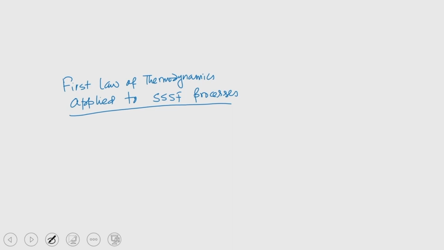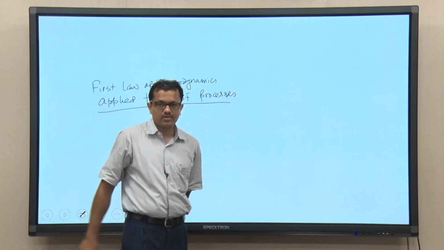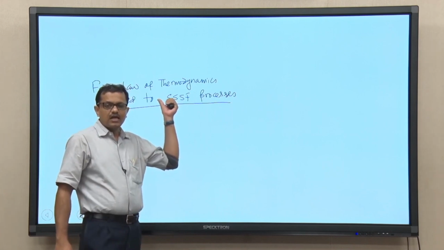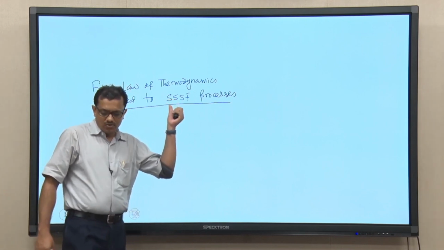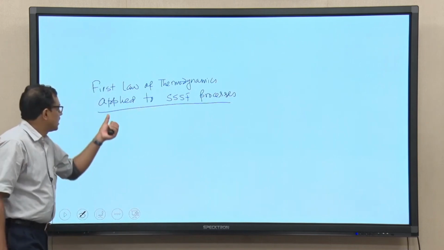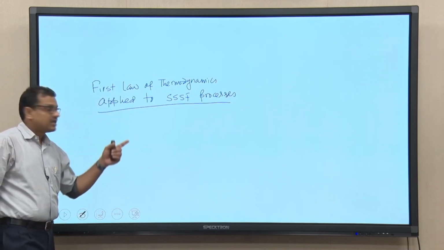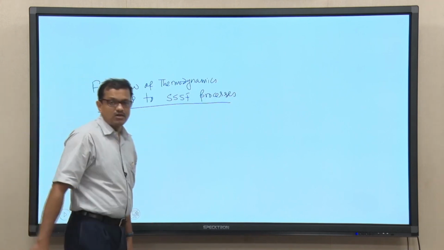So, now let me write here, we have derived this expression. So, this is a process across the control volume. The first law of thermodynamics, which is applied to a steady state steady flow process, okay, and this is applied across the control volume.